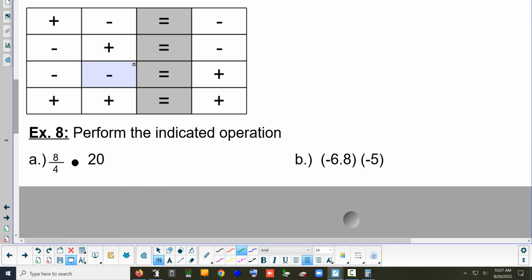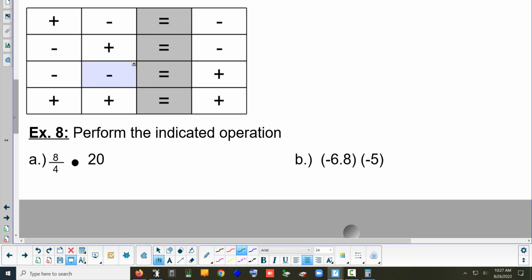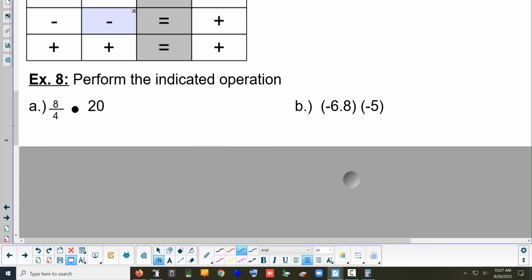All right, so let's look at this one. Okay, they have 8 divided by 4 times 20. Now, when I look at that, I see something right away that I could do to make it a little simpler. Does anyone see something there that they wrote more complicated than they really needed to? Simplify a fraction. Yeah, why don't we simplify? I see some division.